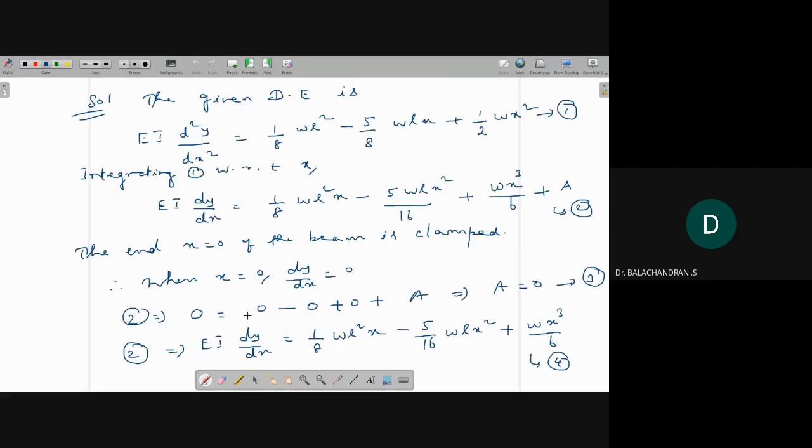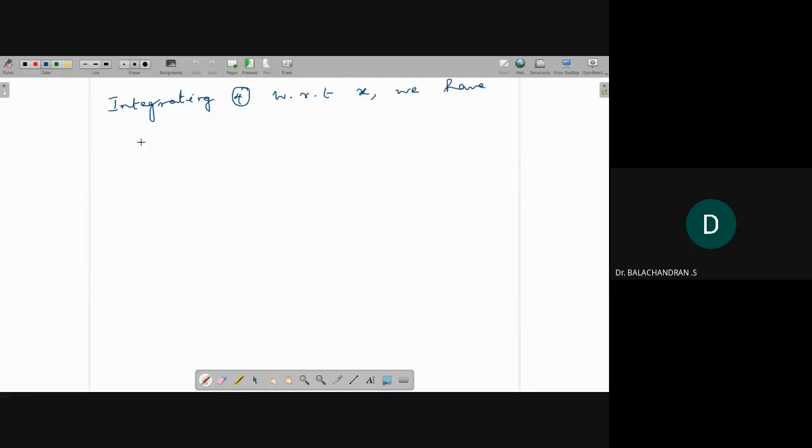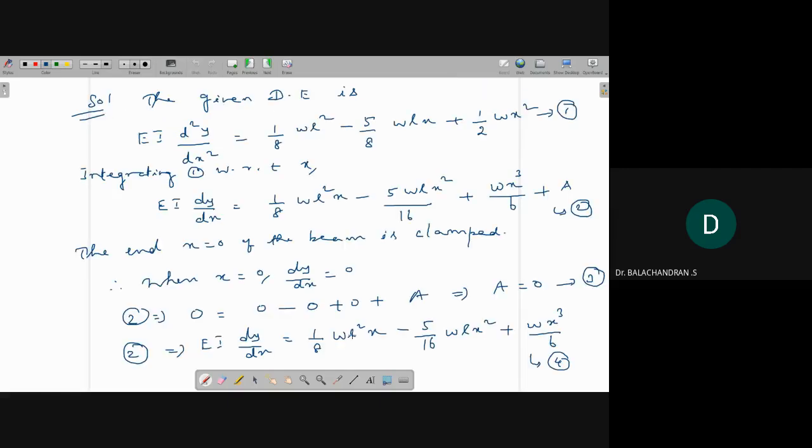Okay. So now, if we integrate with respect to x, EI into y equal to, right hand side is what?